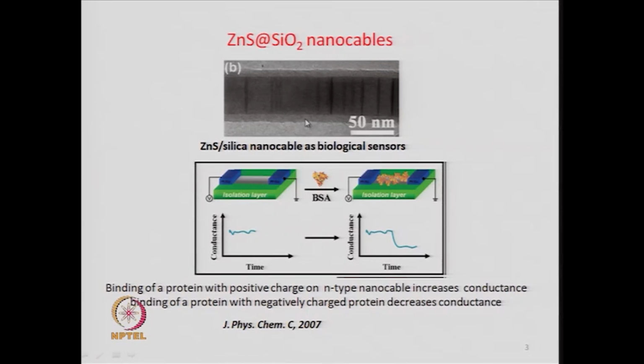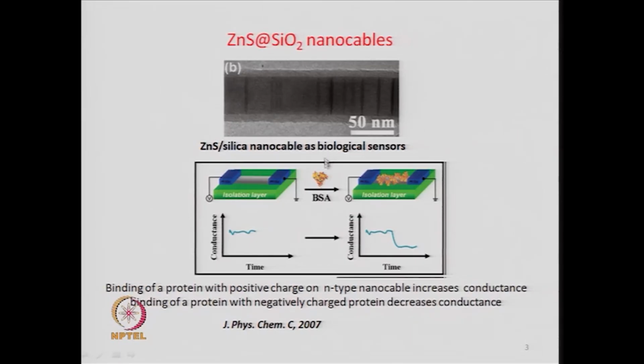Inside, this dark part is the core material, which is zinc sulphide, and on top of that you have silica, and this combination of zinc sulphide and silica core shell nanostructures can be used as sensors for finding a particular biological molecule, so these nano cables can be used as biological sensors.